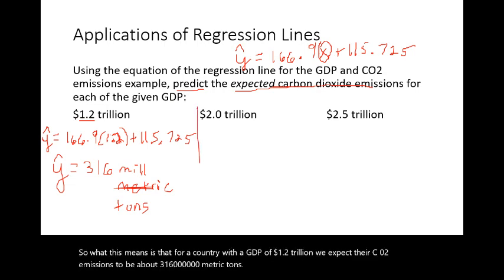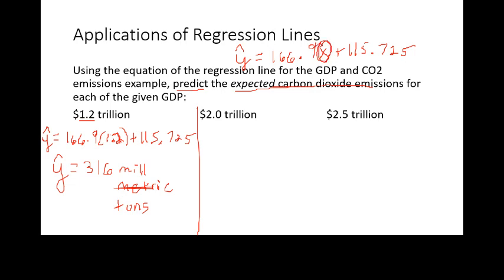So then for these next two, you can predict the expected CO2 emissions for these given GDPs by plugging 2.0 in for x in your regression line, which will give you a y hat of approximately 449.525 million metric tons. So that would be the expected CO2 emissions for a country with this GDP.